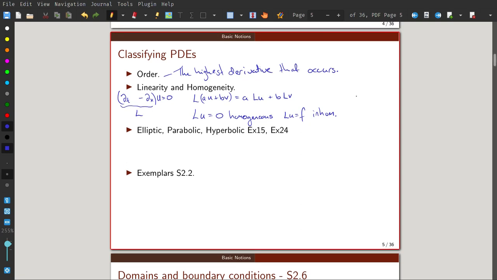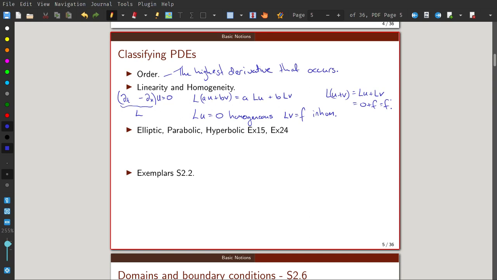This is for the following reason: if you have a linear operator and a homogeneous solution, let me call this one V, say, and an inhomogeneous solution, then L of u plus V by linearity is L of u plus L of V, which is 0 plus F, which is F. So the sum of a homogeneous solution and an inhomogeneous solution is again an inhomogeneous solution. Or to put this a different way, if you have any 2 inhomogeneous solutions and you look at their difference, then their difference is a solution to the homogeneous equation.